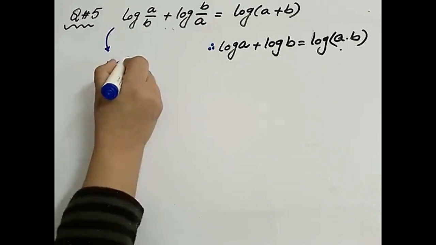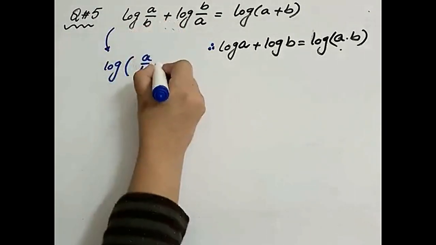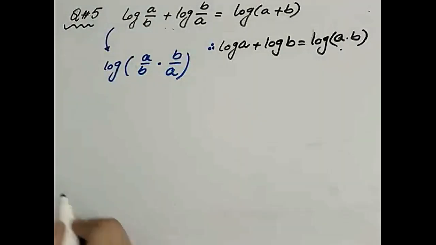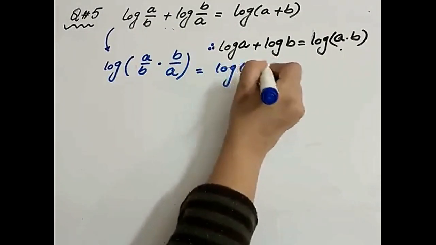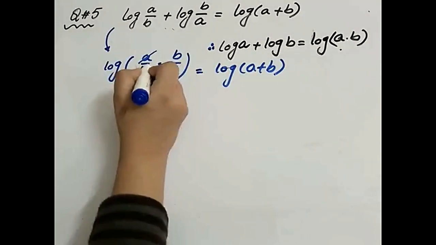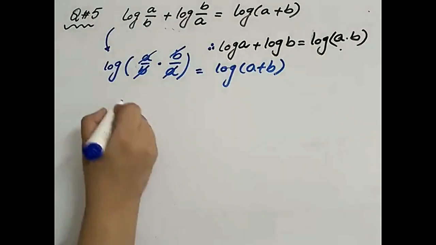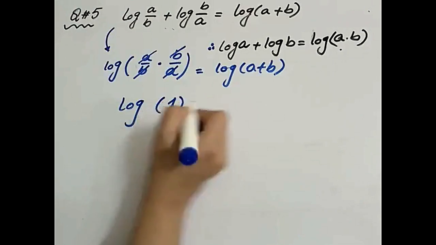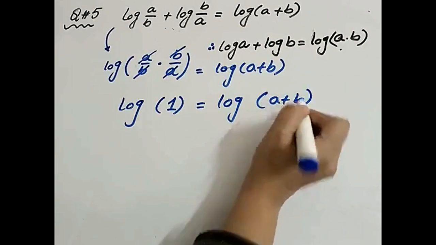Log a by b, this plus will be converted into multiplication, b by a is equal to log a plus b. So a is cancelled with a, b is cancelled with b. So log 1 is equal to log a plus b.